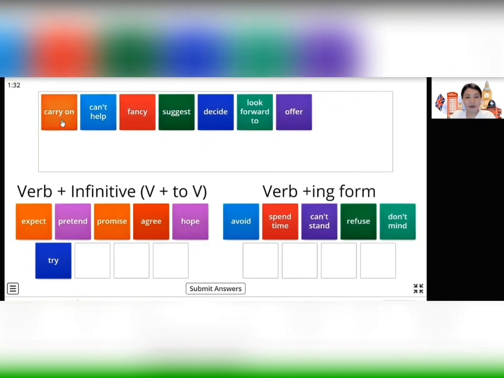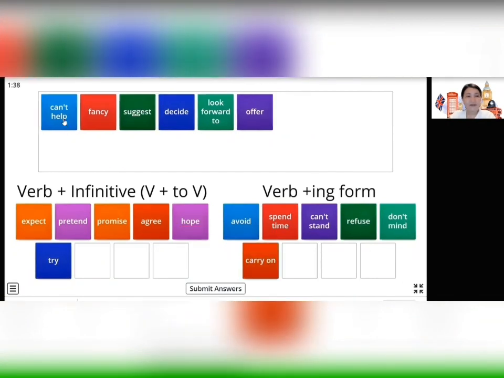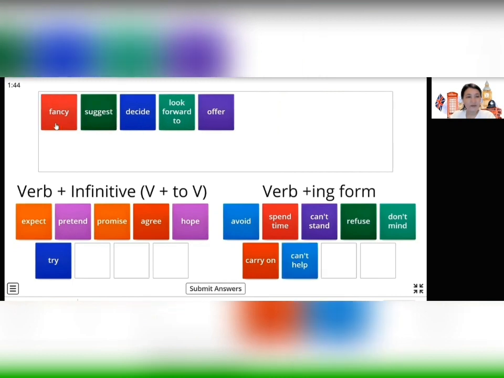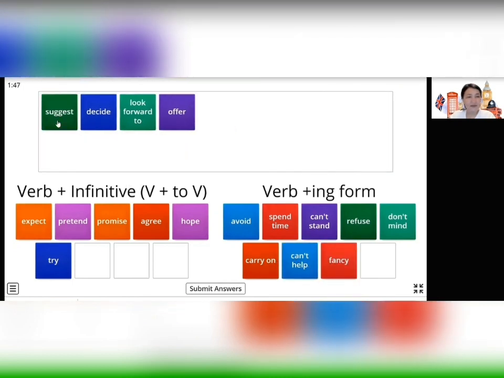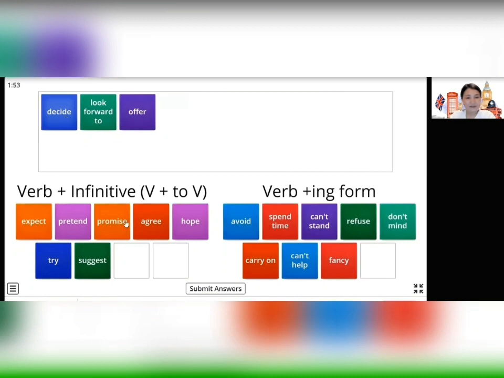Carry on. Now guys, what do you think? Carry on, maybe -ing form, yes. Can't help, also -ing form. Fancy, -ing form. Suggest. Decide, also verb plus infinitive.